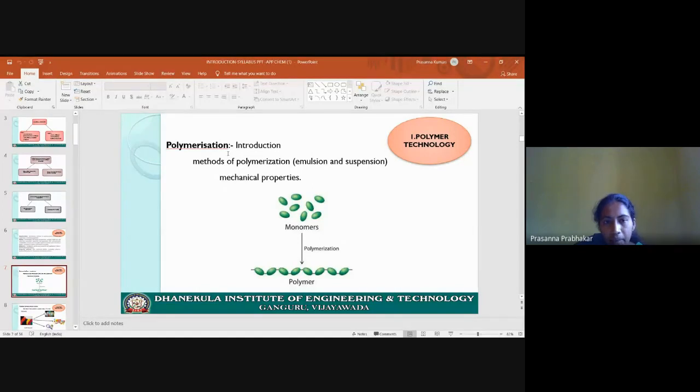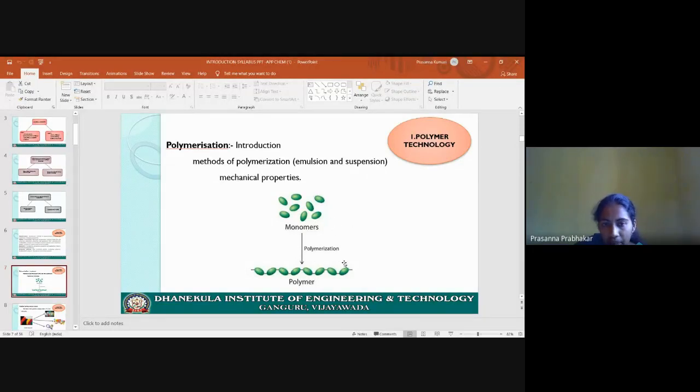Polymerization is when a number of monomer units react with each other and form a higher molecular weight product, which is the polymer. That formation of polymer from monomer is called polymerization.